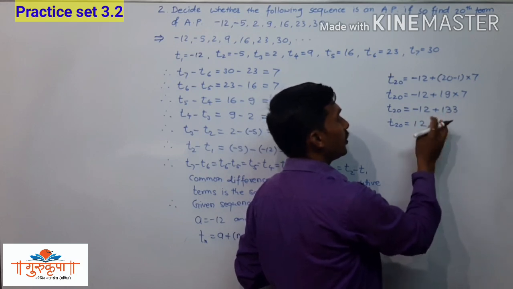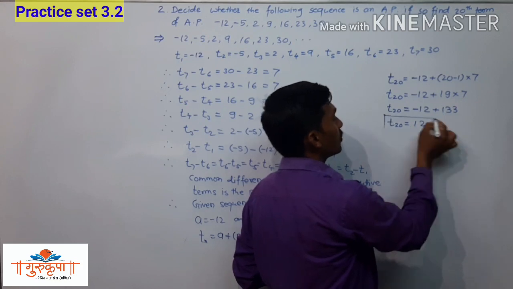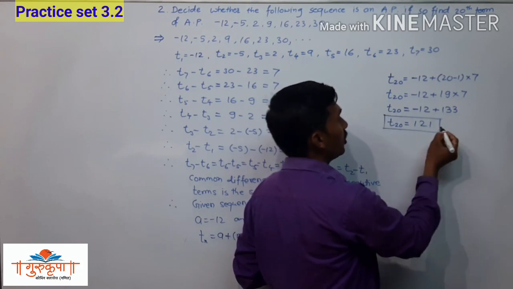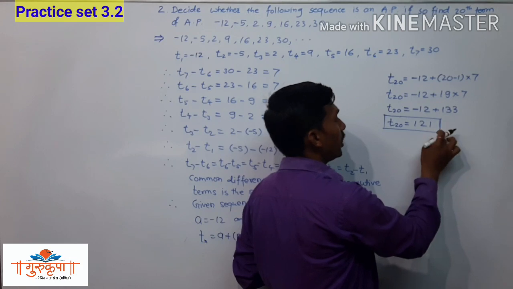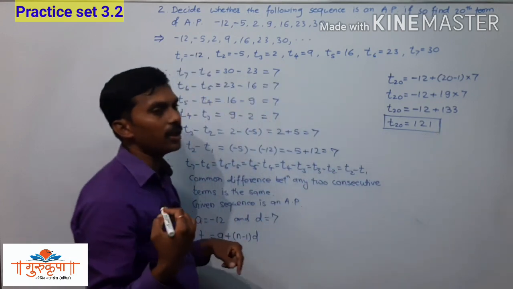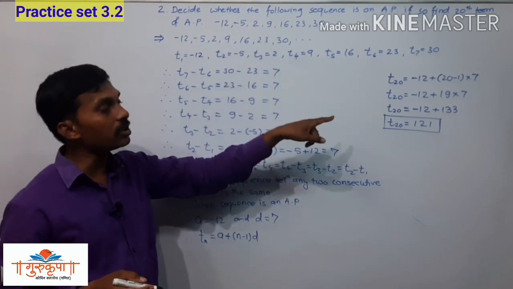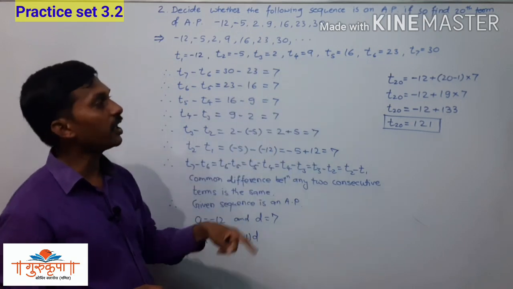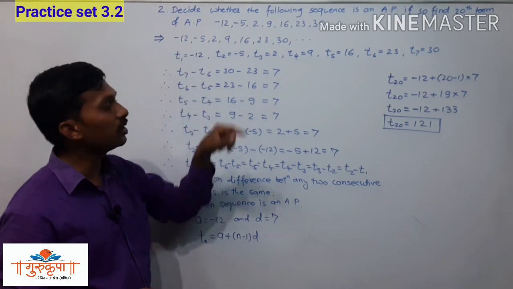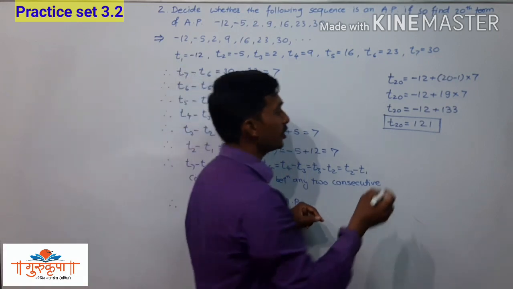This is 121, the 20th term of that AP. You can find any term of this AP, and here we have to find the 20th term. So we find it and we get that the 20th term of the given AP is 121.